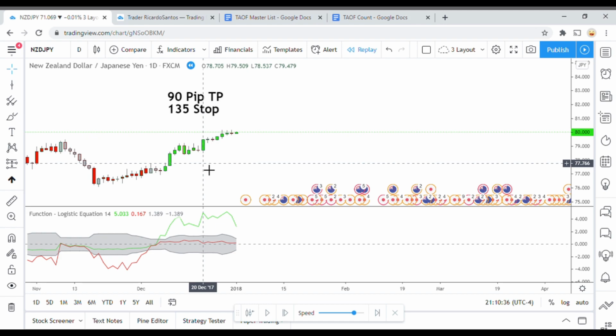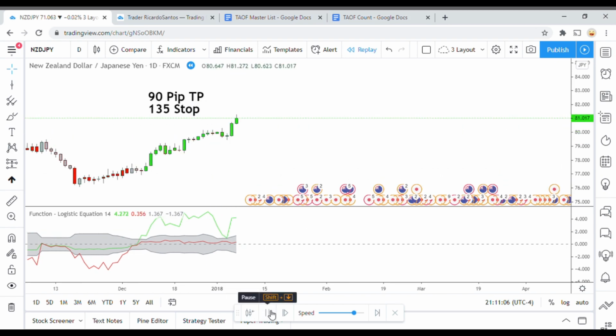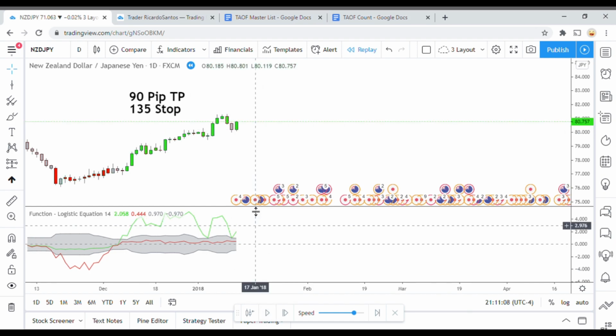I feel like it helps to sharpen my skills when it comes to reading price action, as well as hopefully it is teaching all of you viewers out there how you can go about reading price action as well, and the things that you should be looking for or attempting to learn when it comes to price action, if that is something you are at all interested in. So once again, let's get on with the testing process here.